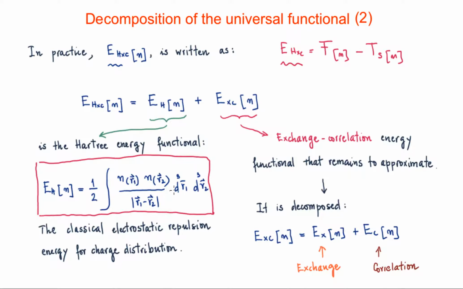So we can classically understand this Hartree energy. Okay, this is the Hartree energy. Now let's go to the exchange and correlation energy. It's usually decomposed in two different terms, the exchange energy and the correlation energy. So we're going to analyze what the exchange energy is and what the correlation energy is next.